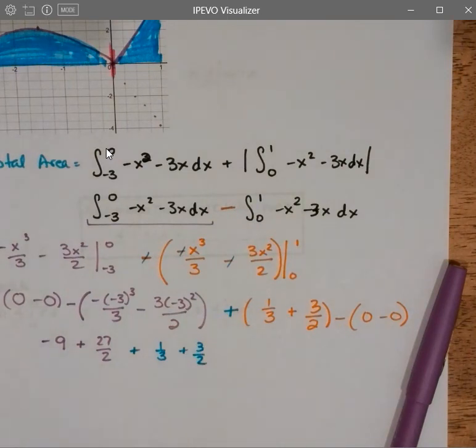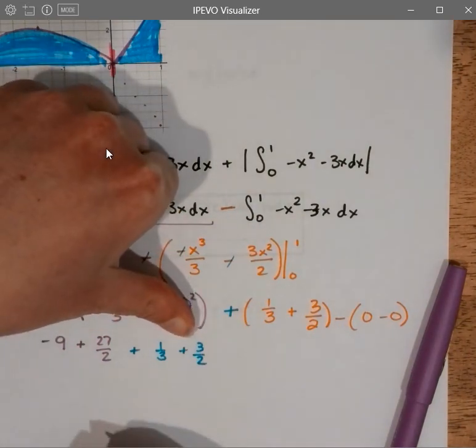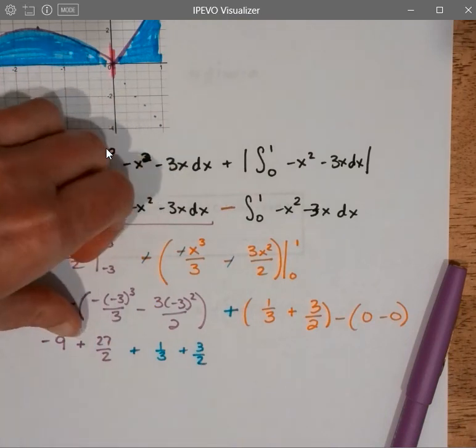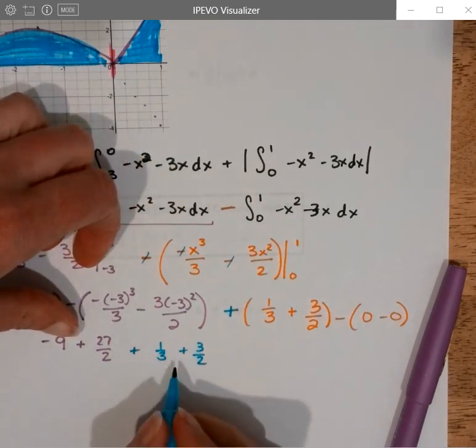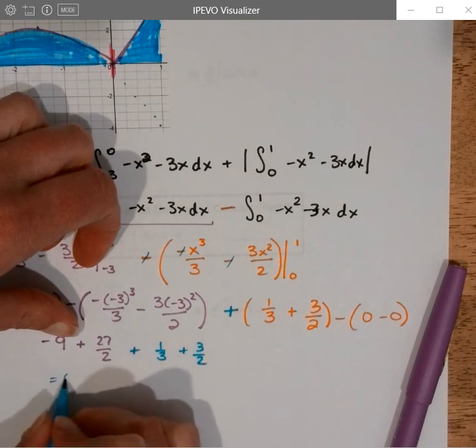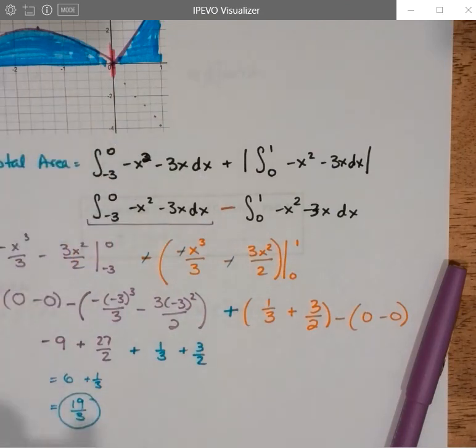Okay, so I have 27 plus 3, that's 30 halves, so I have 15. 15 minus 9 is 6, and then 6 plus 1/3 is 18 thirds, plus 1/3 is 19 thirds. So I have 19 thirds for our solution there. Okay.